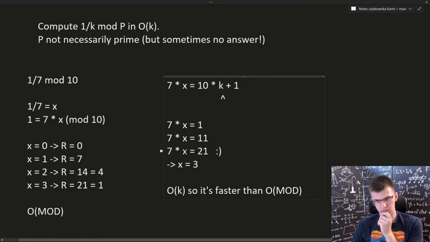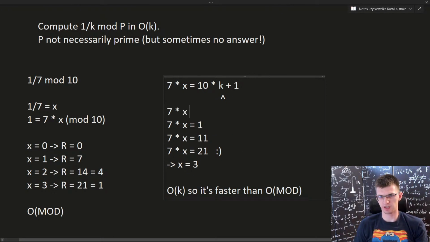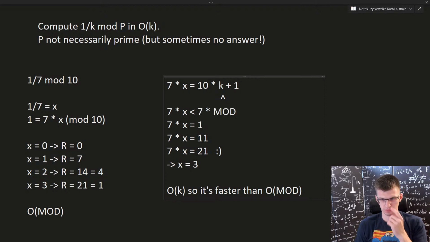Because when you have k, here 7, when you have 7 times x equal to something, and you know that x is from 0 to modulo minus 1, then you know that 7 times x cannot exceed 7 times mod, right?